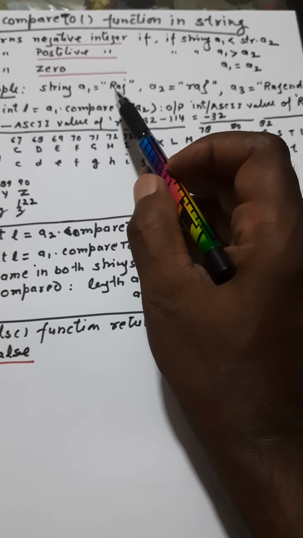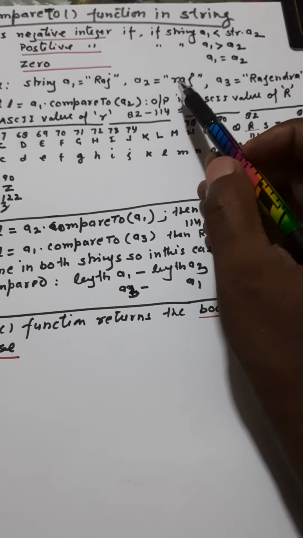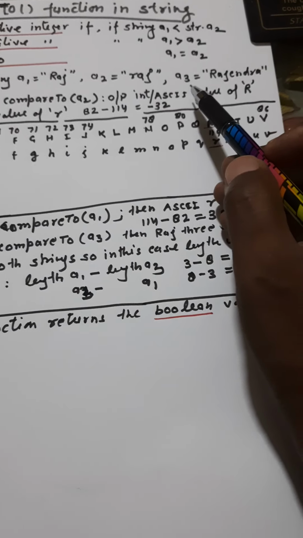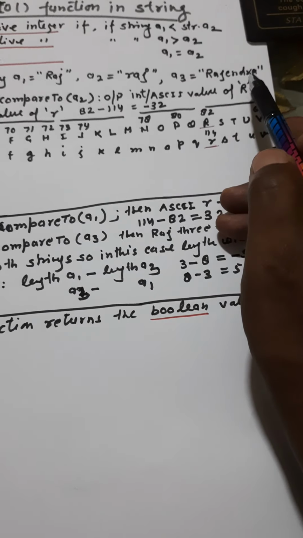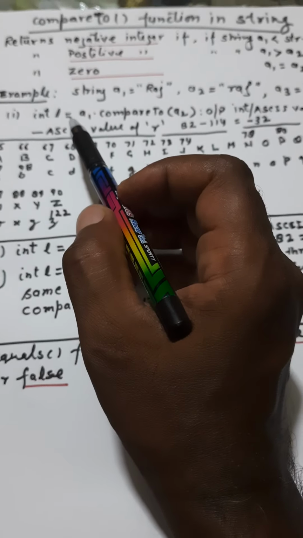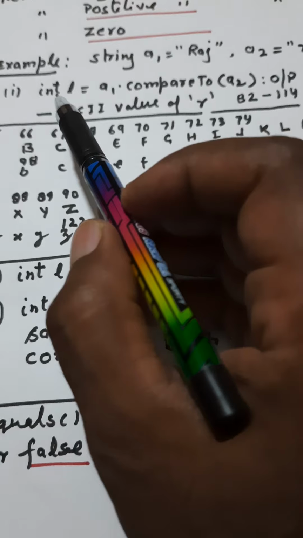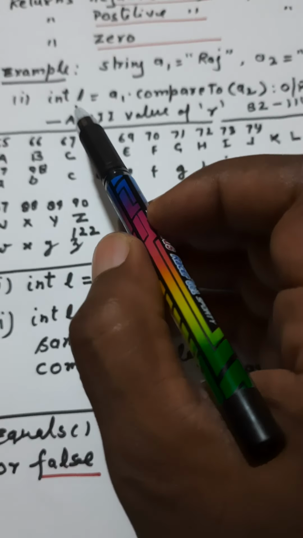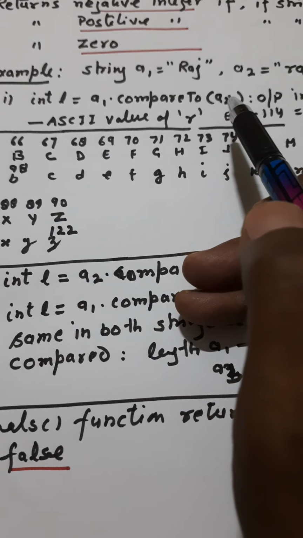In a1 R is capital, whereas in a2 r is a small letter, and in a3 there is a string value Rajendra. As I told you, compareTo function returns an integer value. So I am giving you an example. int l is equal to a1.compareTo(a2).